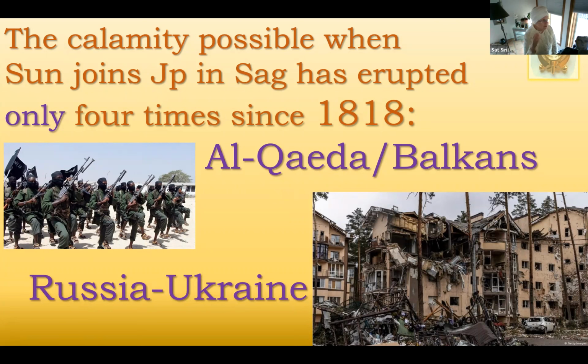Why the Sun-Jupiter? I think Sonal was just talking about how Sagittarius is known as a sign of war. But it's owned by Jupiter, the planet of peace and protection.